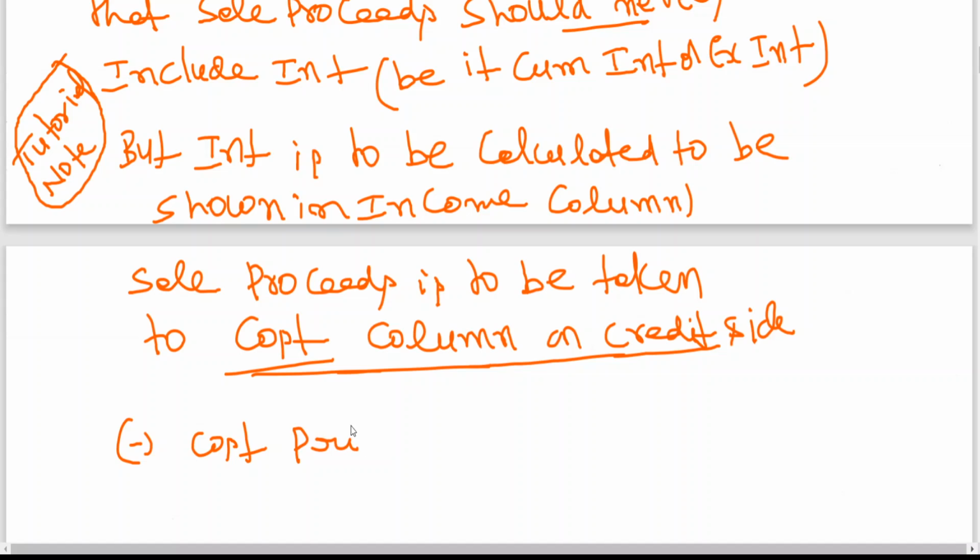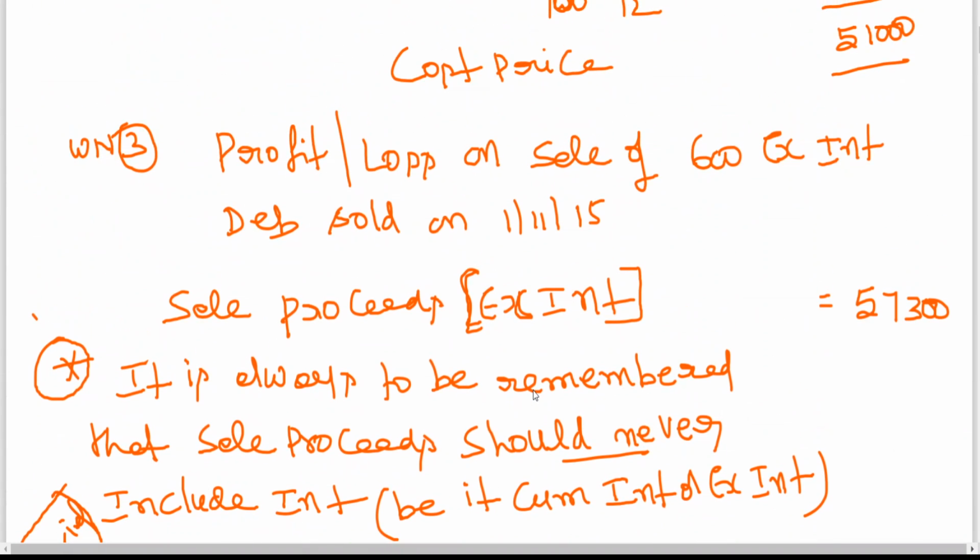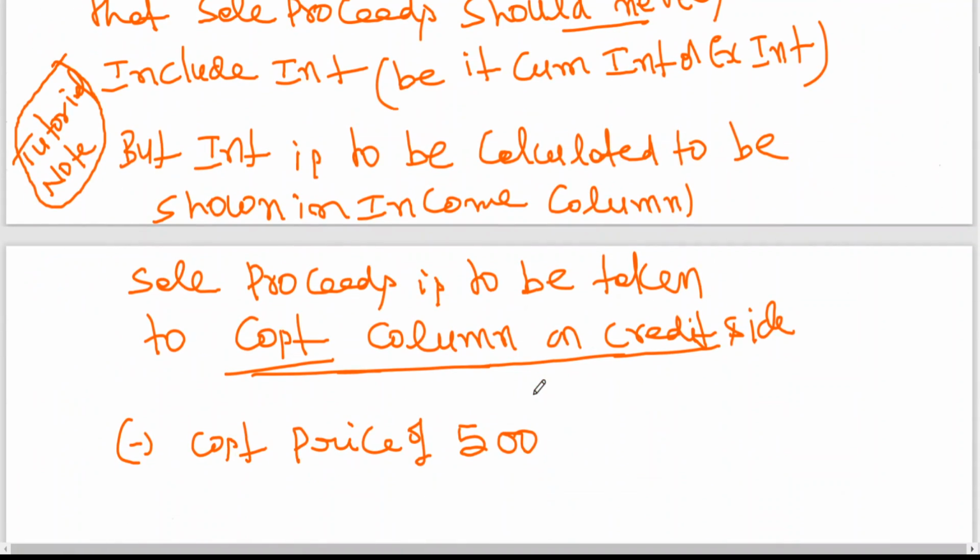Cost price of 500 or 600? 600, sorry. Debentures sold.